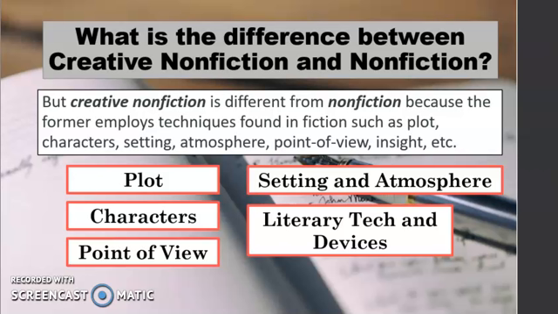Meaning to say, creative nonfiction is focused on story, meaning it has a narrative plot with an inciting moment, rising action, climax, and denouement, just like fiction.